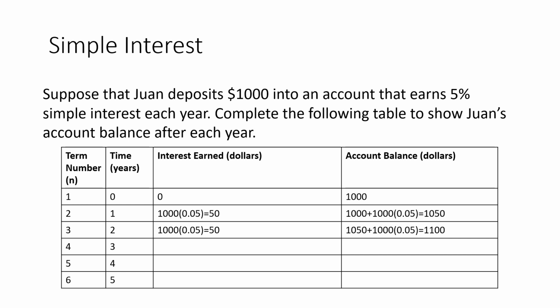Simple interest example: suppose one deposits $1,000 into an account that earns 5% simple interest each year. Complete the following table to show one's account balance after each year. So 5% is 5/100.